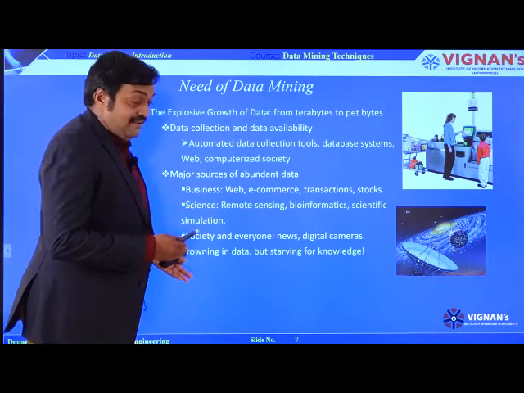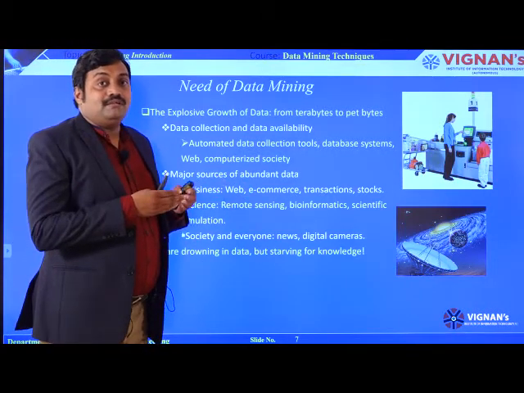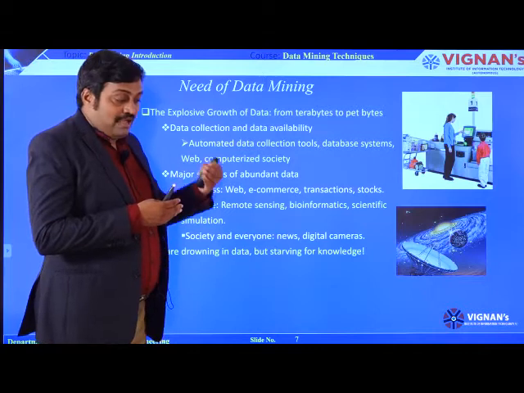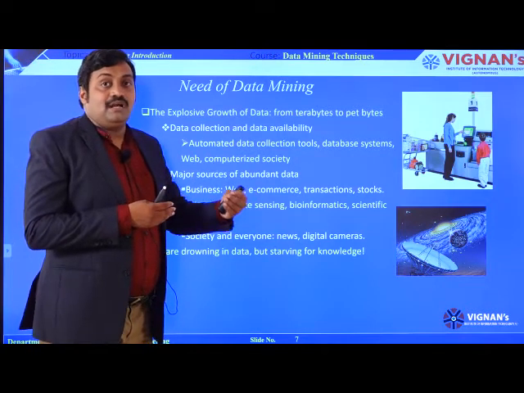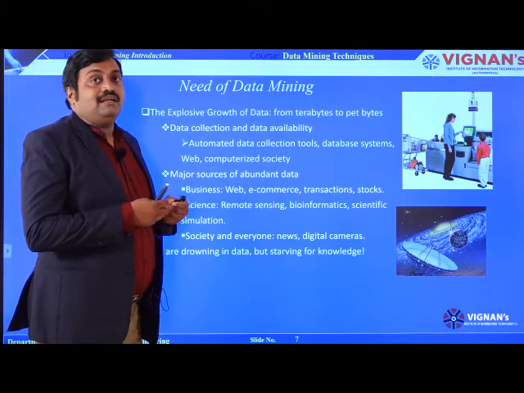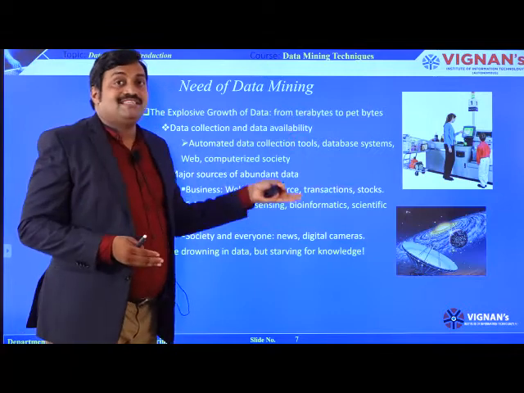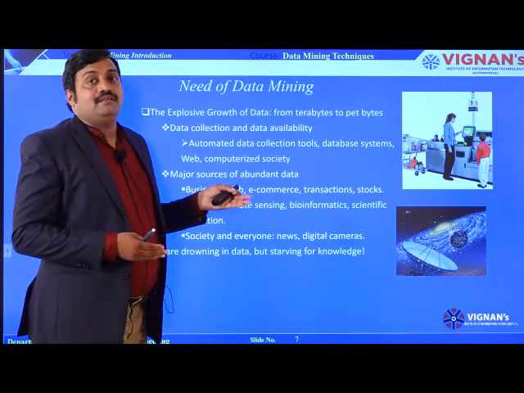That means we have huge data, but without stronger knowledge to take a decision, we need some mechanism to process this huge data which is generated every second.